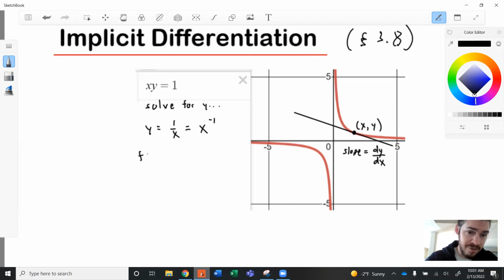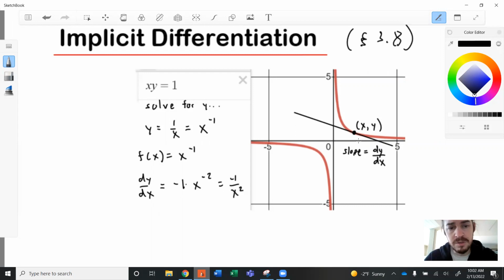We could have written f of x equals x to the -1, and then we can apply all of the familiar differentiation rules. We could say dy over dx equals -1 times x to the power -2, or -1 over x squared, right? So okay, we can find our derivative that way.